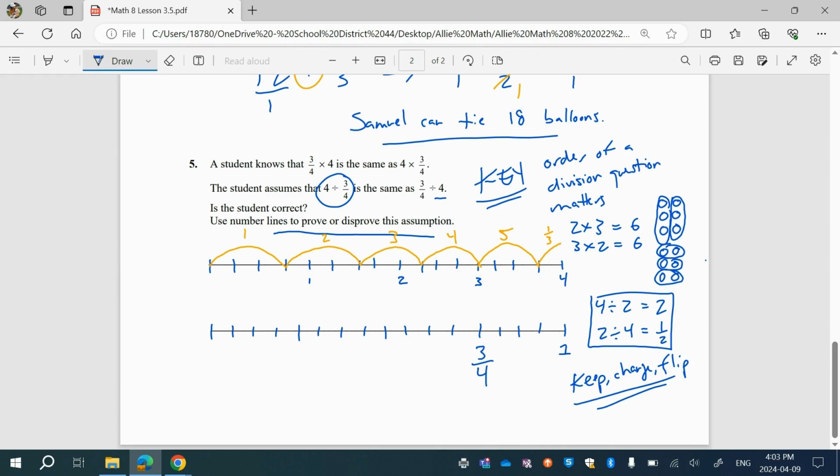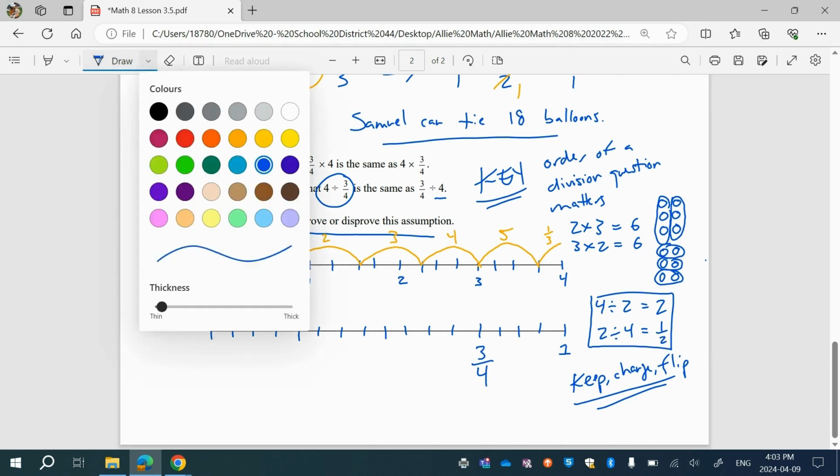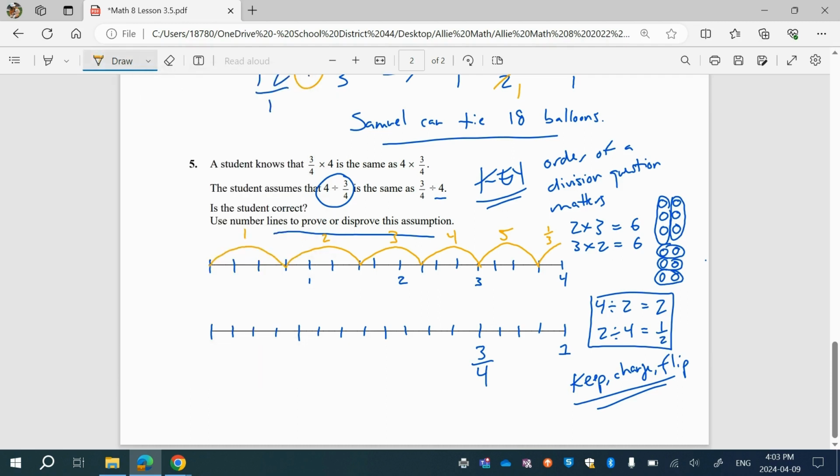And we want to get from here to here in 4 jumps. So the first jump is going to be that many, the next jump that many, and that would be our 4th jump. So we're dividing it into 4, and we want to know how far we jumped each time. That's the divided by part.